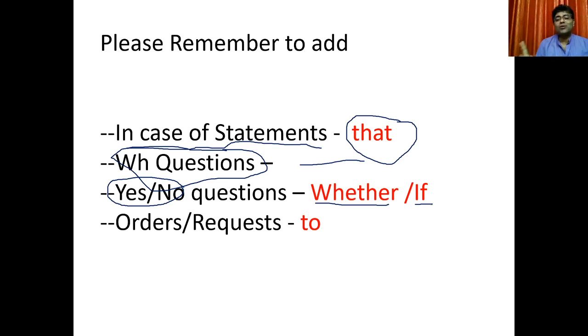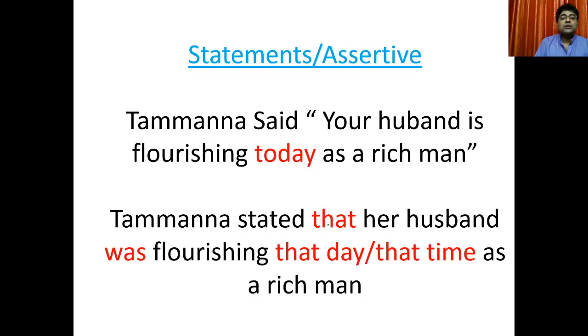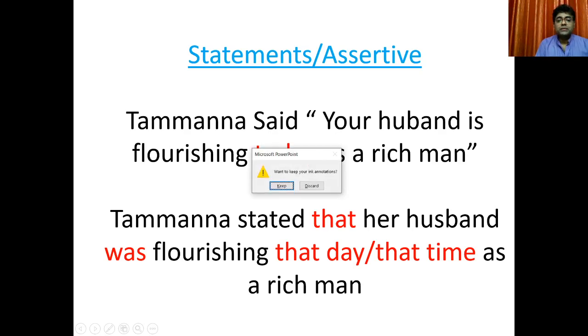Both mean the same. Then if it is an order, request or command, we add the conjunction to. Please remember. Again we will be going through this rule. Now before I go once again to these rules, I would like to show you some other rules.